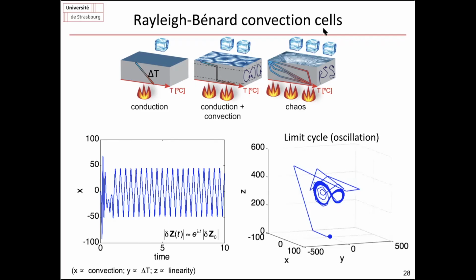If we now increase this Prandtl number and the other constants, we can get sustained oscillations. So x is oscillating in time. And actually, when you plot it, x versus y versus z, you can see that there's a 3-dimensional shape that looks like a saddle. And so this is called a limit cycle.